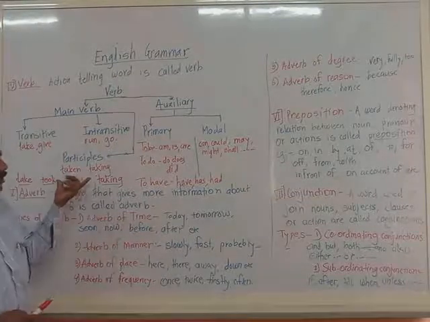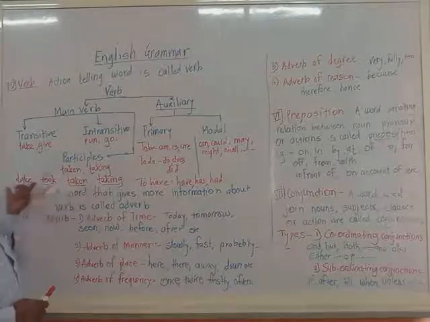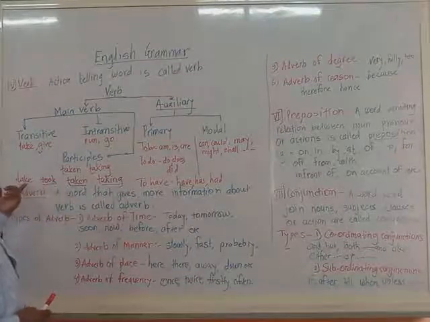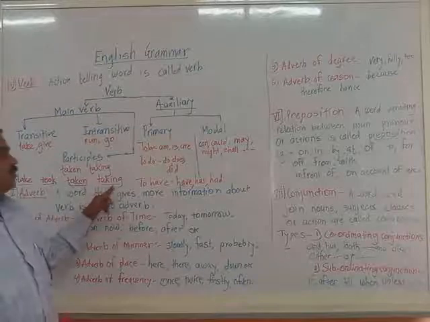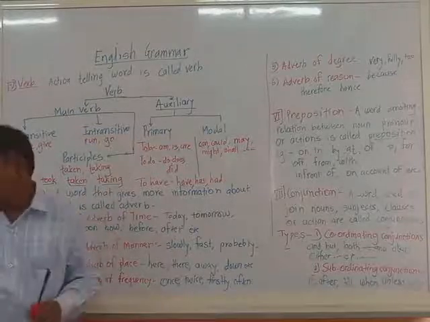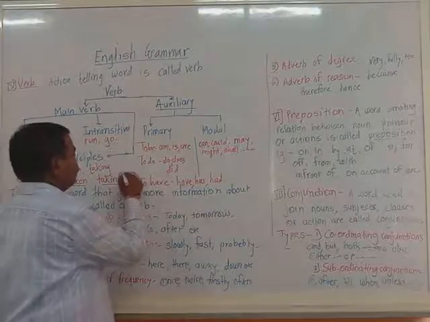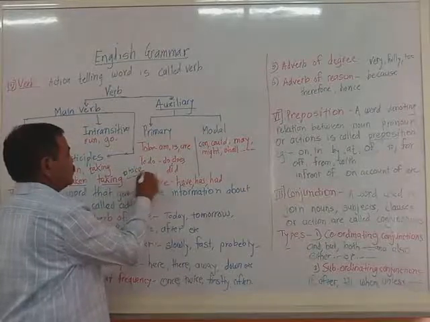So each and every verb in English has 5 forms. Each and every main verb in English has 5 forms: present tense, past tense, past participle, and present participle. And when we add to, this is called the infinitive. For example, to take is the fifth form.